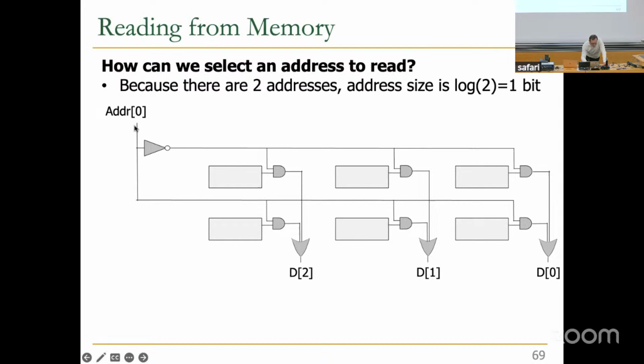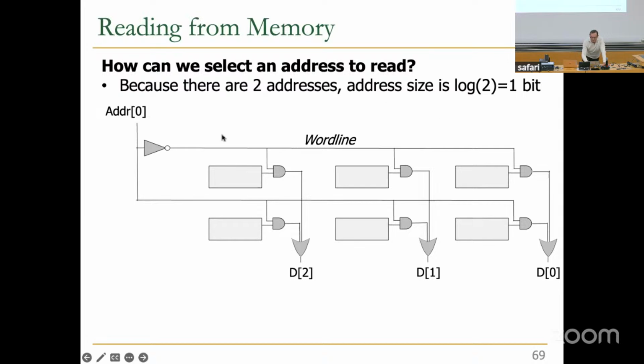If address bit is 0, this wire is 0. And this AND gate evaluates to 0. So the output of this OR gate is not dependent on any of these, because this address is not decoded. And the output of each of these OR gates, which muxes, is actually dependent on the values that are stored up here. Make sense? Again, there's no magic. This is all basics, what we have seen.